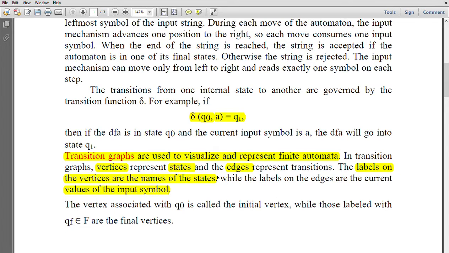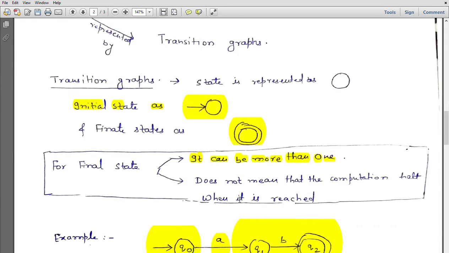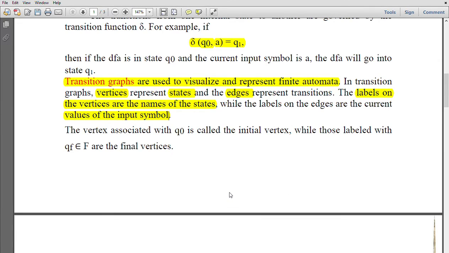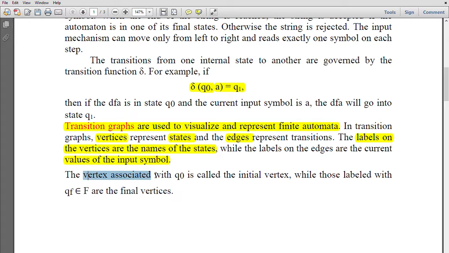So we have written all those things which we have already described in the given figure. This is for your understanding. And the vertex associated with q0 is the initial vertex. It is represented by the arrow on the left hand side, while those labeled with qf belonging to capital F are final vertices.